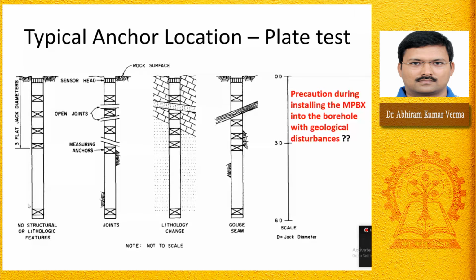So this point will act as a reference point. Because we have already created this opening, some deformation has occurred. And below this point, we are assuming that once we apply some stress, this is not going to be affected by the load from the hydraulic jack or the flat jack. So that's one of the requirements of this test, that one of the anchors should be very far off from the point of loading, and the rest will be close to each other.